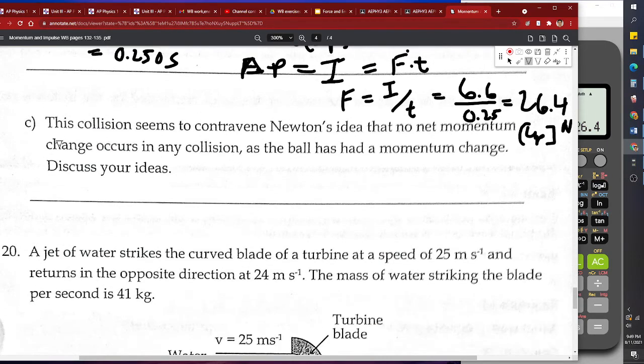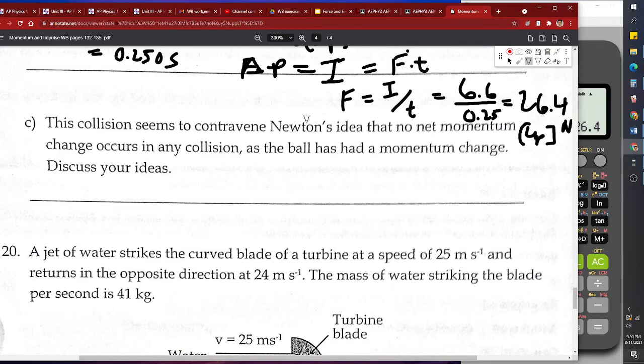Part C. This collision seems to contravene Newton's idea that no net momentum change occurs in any collision, as the ball has had a momentum change. Discuss your ideas.